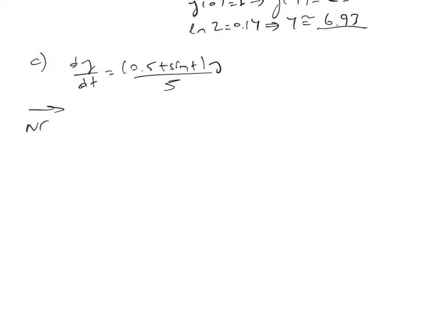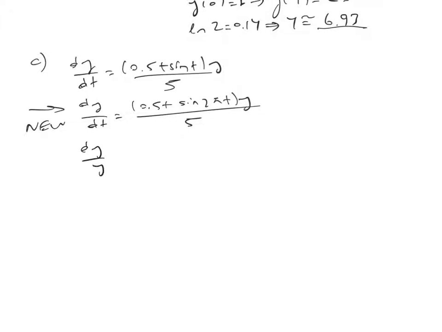And our new differential equation is dy over dt is equal to (0.5 plus sin 2 pi t) times y over 5. As you see, the frequency in our differential equation is changed now. Let's calculate our new doubling time tau.